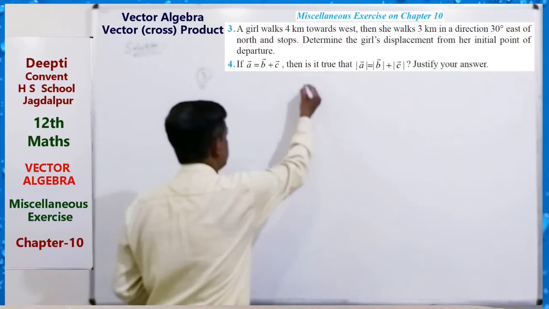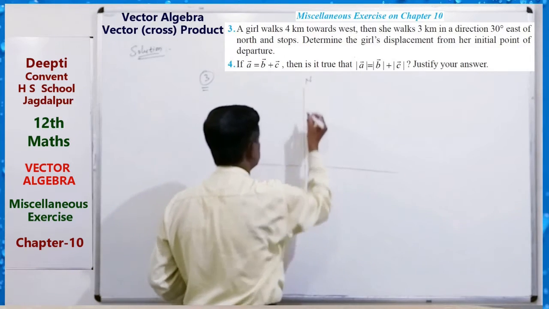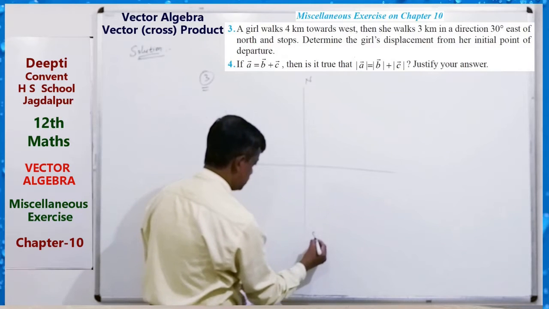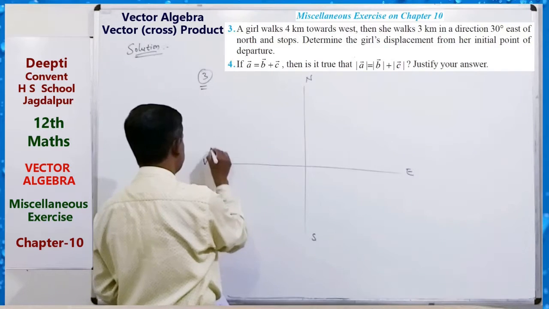So we can make a diagram like this. Suppose this is north, south, east, west.